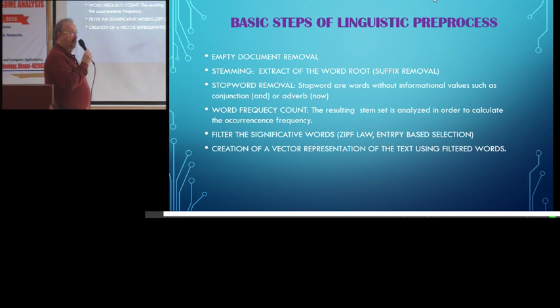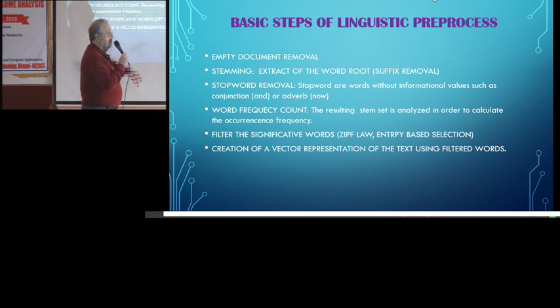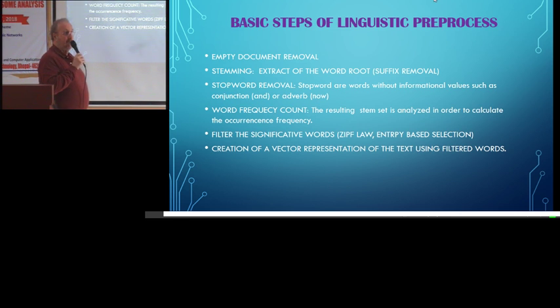For each word in the document in a data set, your text is an object, a part of a data set, and you can estimate it. Normally people use the Zipf law in order to reduce the number of words that will be extracted for data transformation.